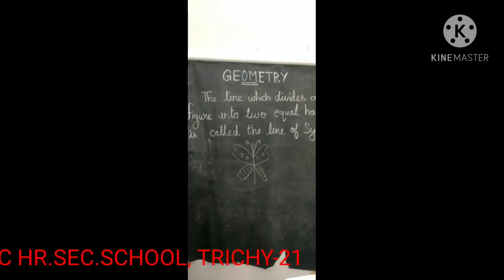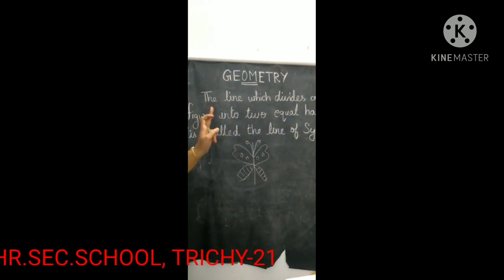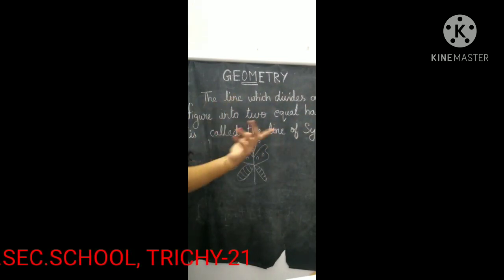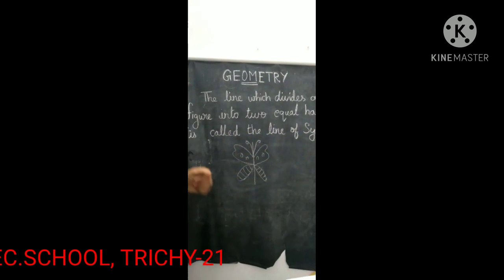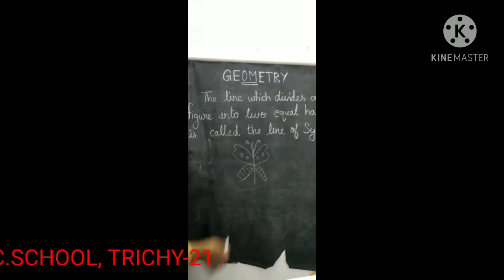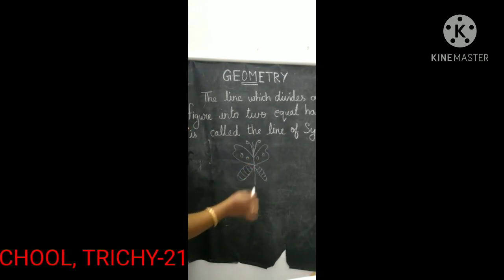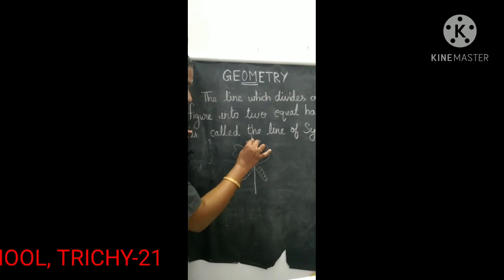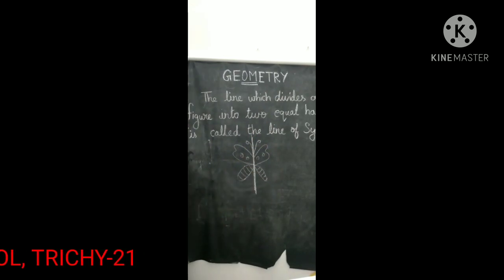The line of symmetry is the line which divides a figure into two equal halves. See the butterfly: this line is dividing it into two equal half parts.